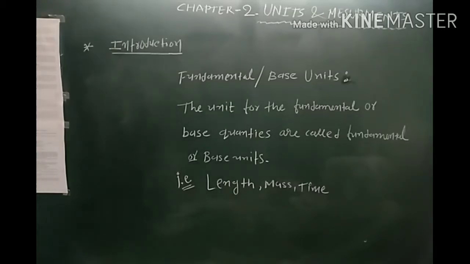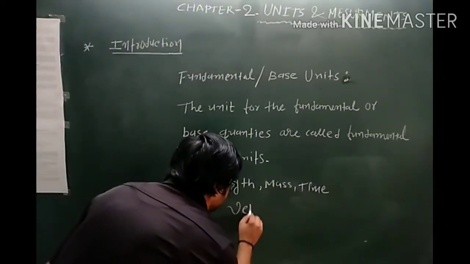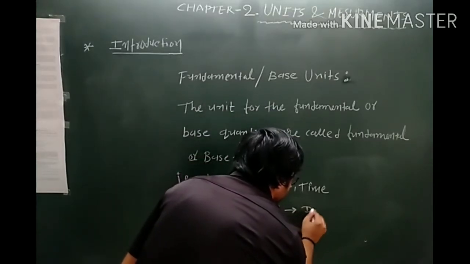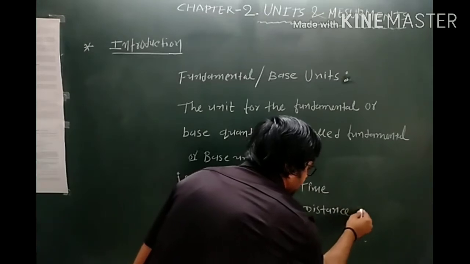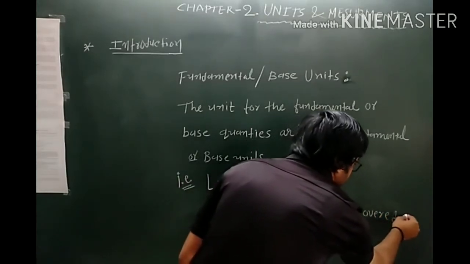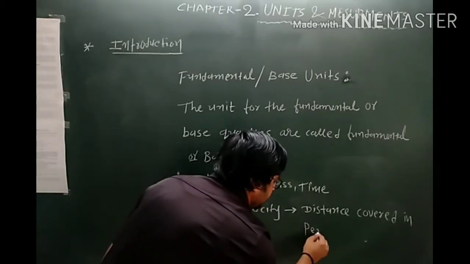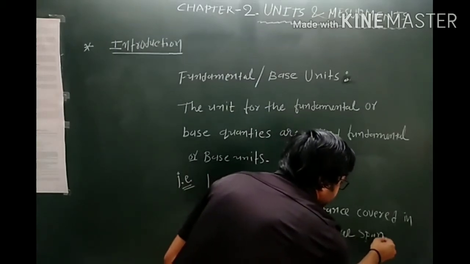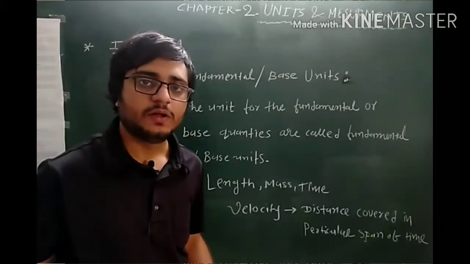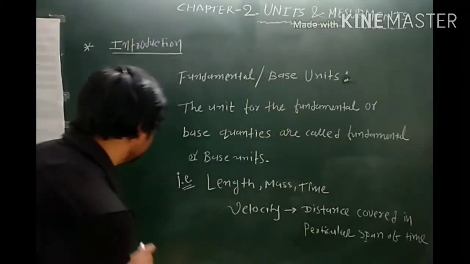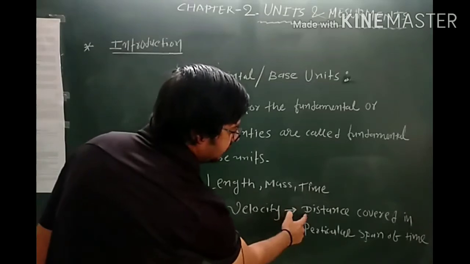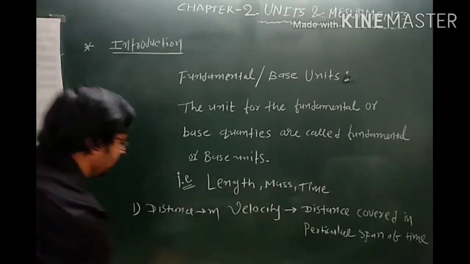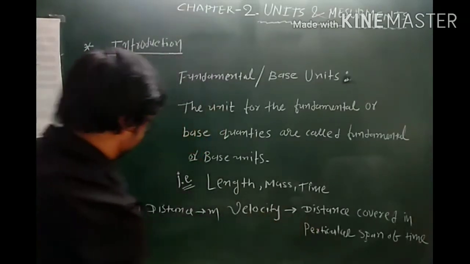For example, let us take velocity. Velocity is nothing but the distance covered in a particular span of time. So here two things are involved. First is distance, measured in meter, and second is time.